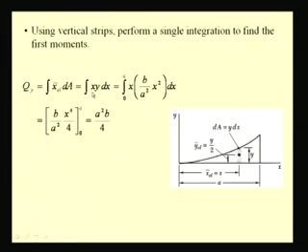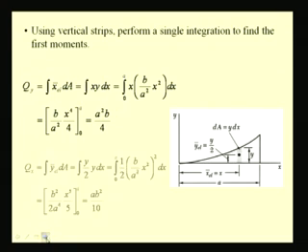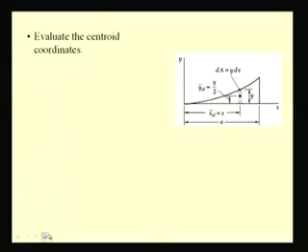Here you will see that x y dx is the first moment of this small elemental area, and it is integrated between the limits 0 to a. Similarly, we can find the other moment, that is the moment with respect to the x axis. Once we know these moments, we also know the area and we can find the coordinates, that is x bar and y bar.